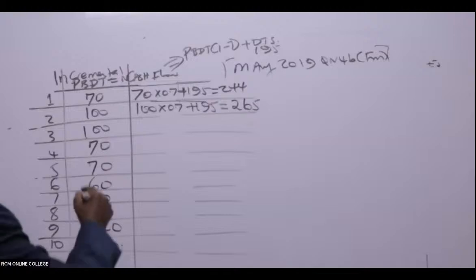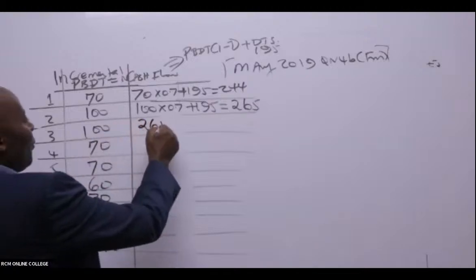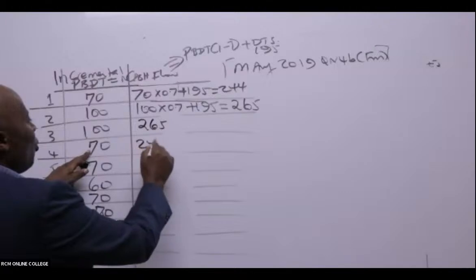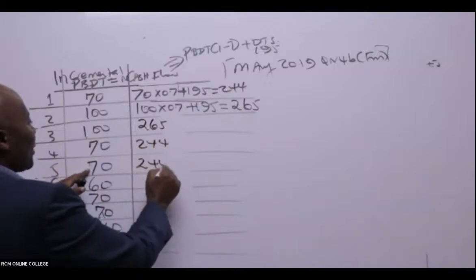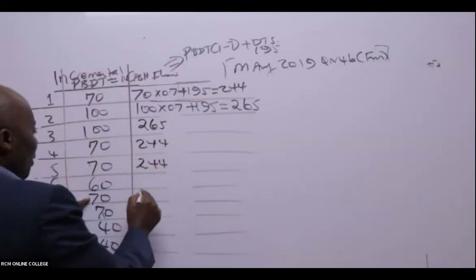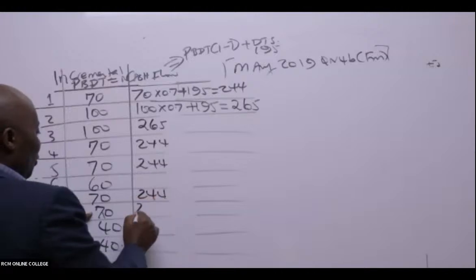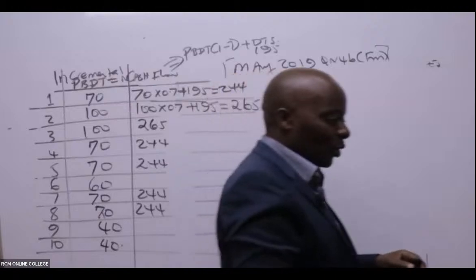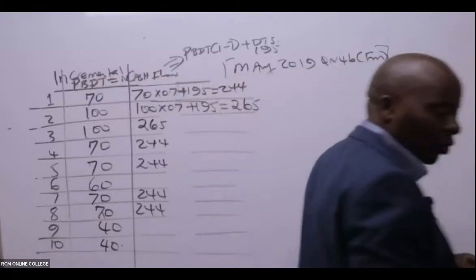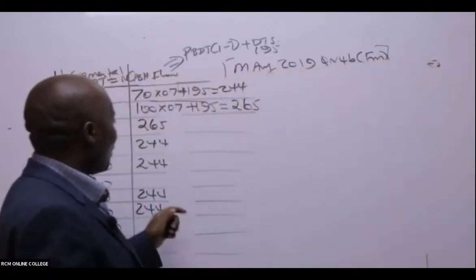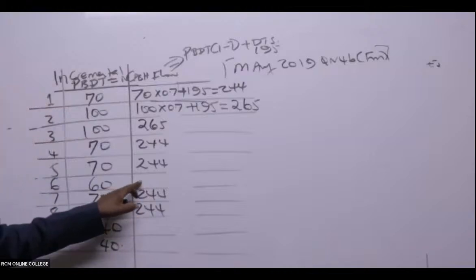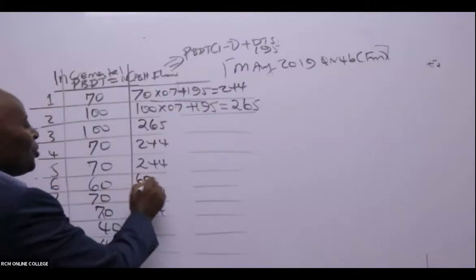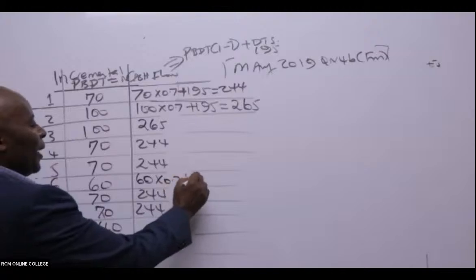Like now, this one I know will be 265. I know this will be 244. Don't ask me how I'm getting this. I know this will be 244, 244, 244. How about this one, somebody? Is there somebody who can give me this one of 60? It will be 60 times 0.7 plus 195.